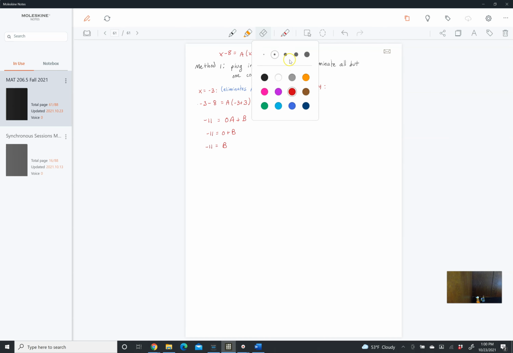That eliminates B. So -4 minus 8 is equal to A times (-4 plus 3) plus B times (-4 plus 4). -4 minus 8 is -12, which is equal to -A plus 0B. -4 plus 3 is -1.